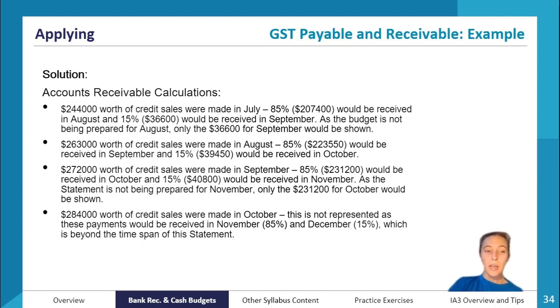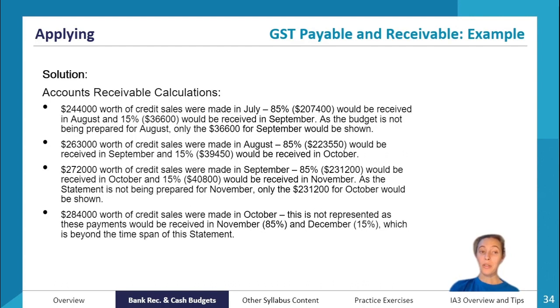So we can see with each of these calculations, it's similar to what we had before. So we're taking the information that we were given in the original question, and we're using that to then figure out what the figures are for each month.